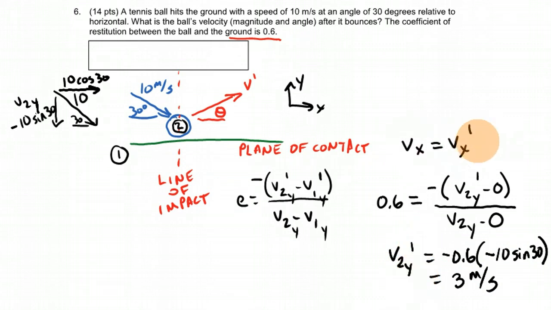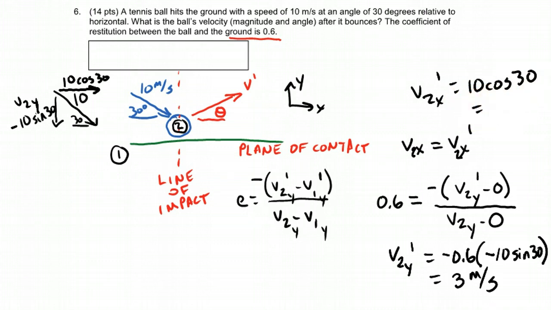We've already said the x component after the collision is going to be the same. Just for consistency, we'll put 2's on these, because that's what's moving. So v2x prime is going to be v2x, which is 10 cosine 30.